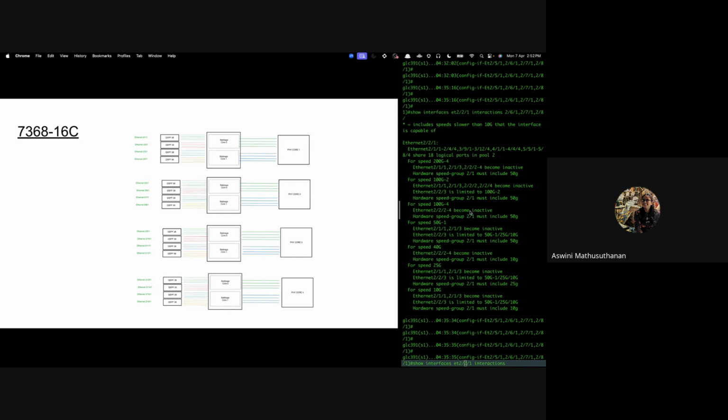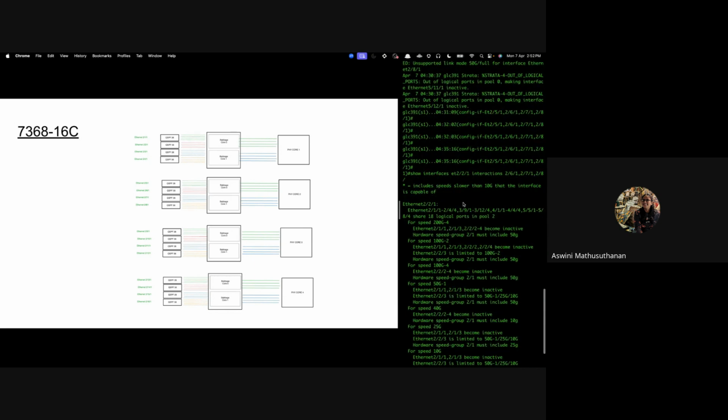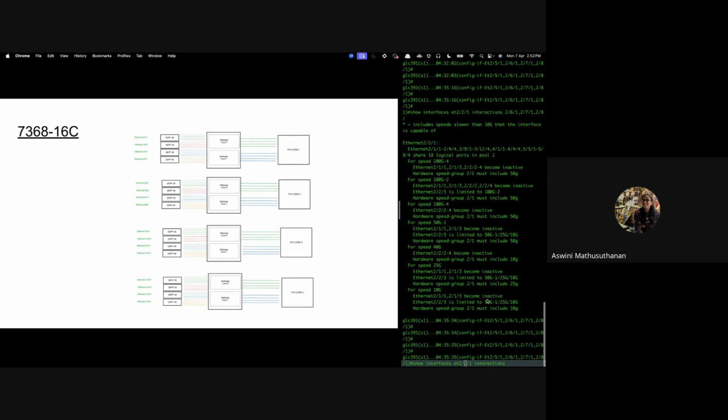So there will be competition between the interfaces themselves for them to come up, before we speak about these 18 logical ports. Only then we count how many interfaces per line card are up, and how many logical ports they have exhausted per pool. Then we count the logical port numbers.